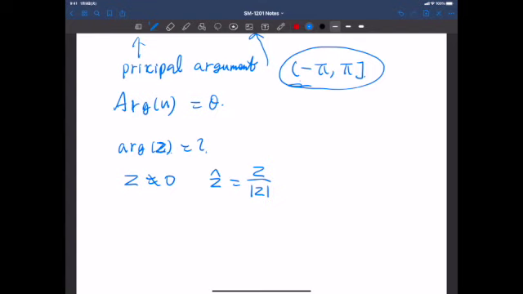If we define this, then this z hat has modulus 1, right? To see this, it's very easy. The modulus of z hat is the modulus of z over the modulus of z, and this is 1.